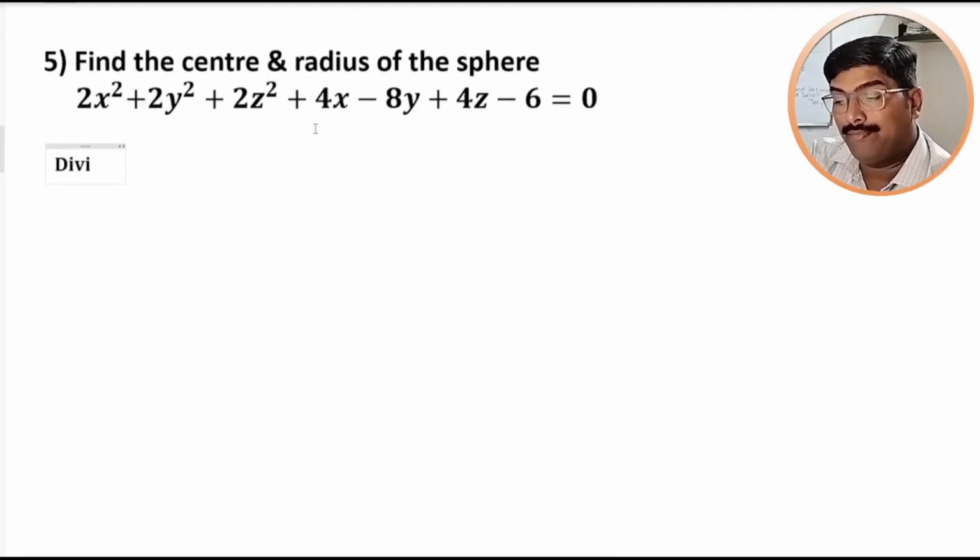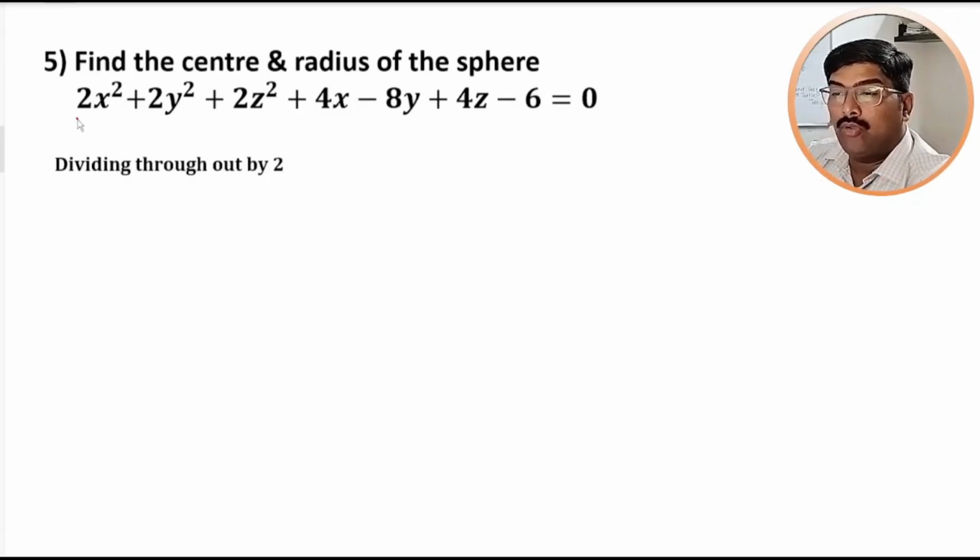Dividing throughout by 2. If we divide the first term by 2, the 2 and 2 cancel, and you will get x square plus.